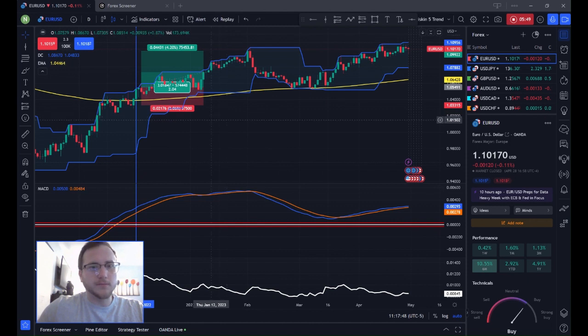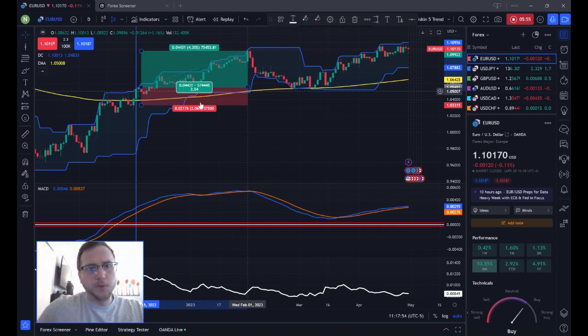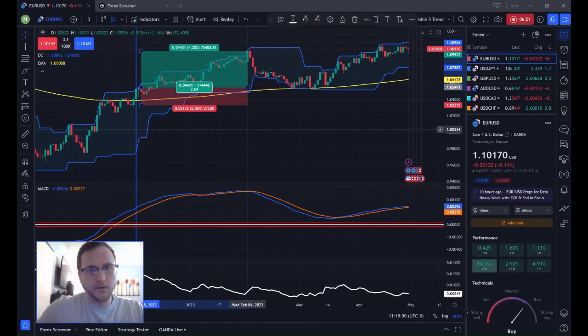Personally, I think I'm going to start not putting a stop loss because we're going almost 2 months here, right? December 5th, 2022 to February 1st, 2023. So about 2 months, and you have a 4.2% gain.